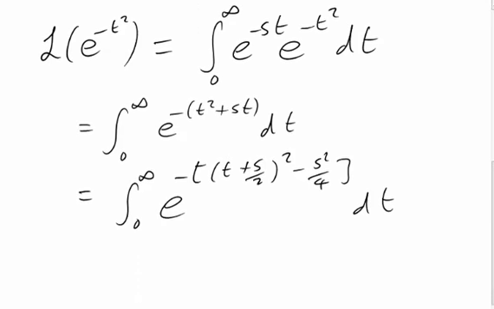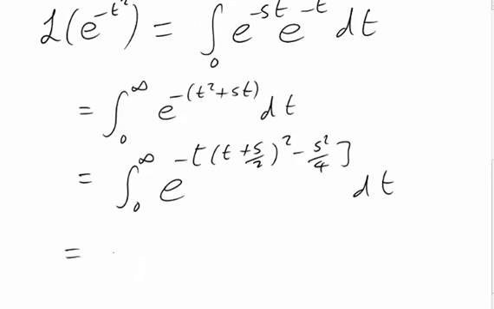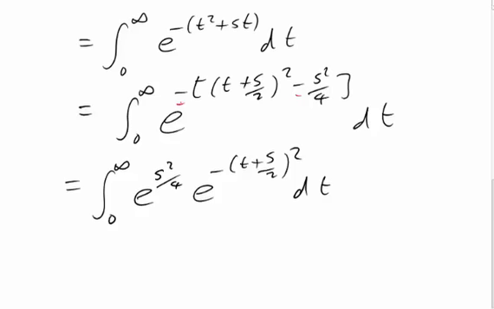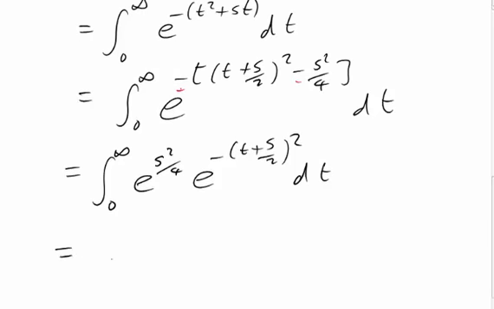Now I'm going to break up the exponential and take the e to the power and look at two negatives, one here and one here, so that'll be e to the plus s squared over 4 e to the minus t plus s over 2 all squared dt. Now the integration variable is t, and s squared over 4 doesn't depend on t, so it's effectively a constant, so we can take that outside.